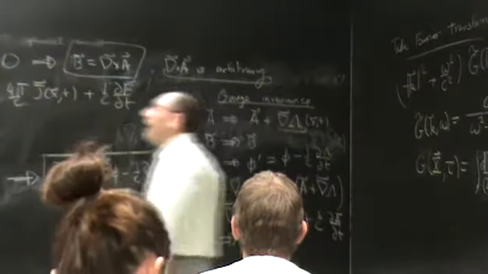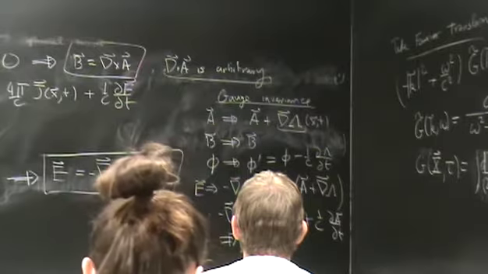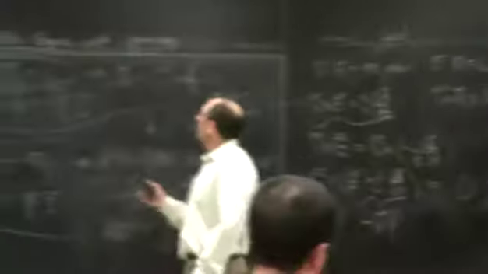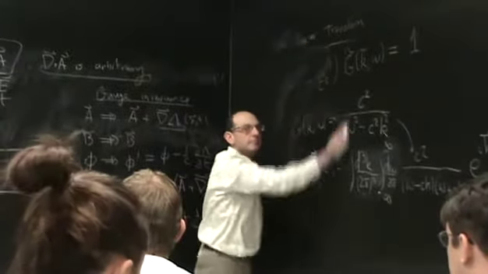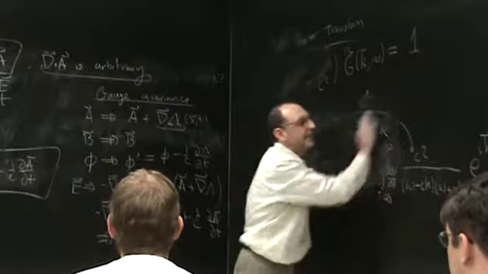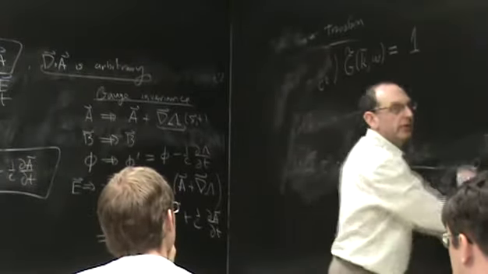Now, in statics, although it's been erased, we said that the standard choice was to choose del dot A equal to 0. In dynamics, there are kind of two standard choices.